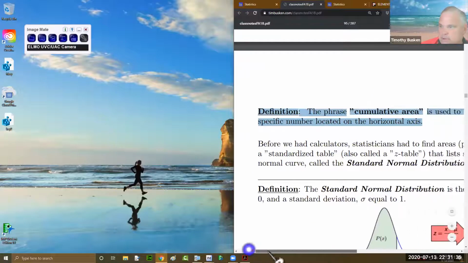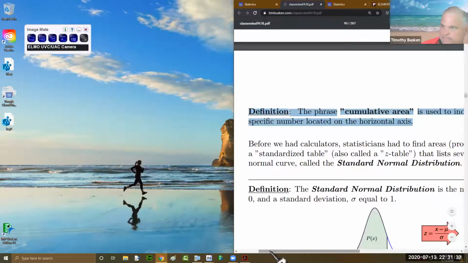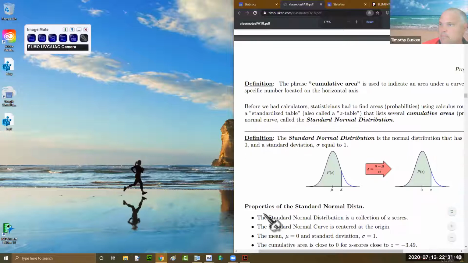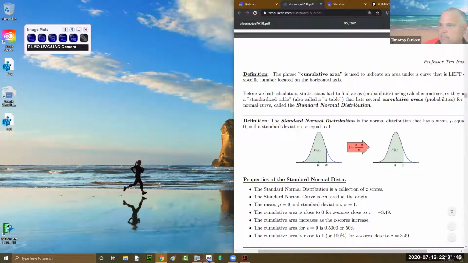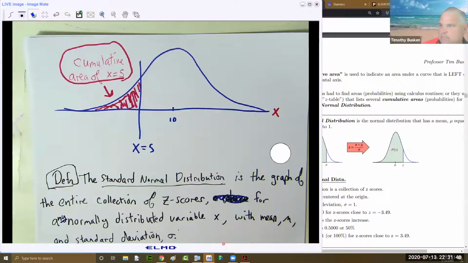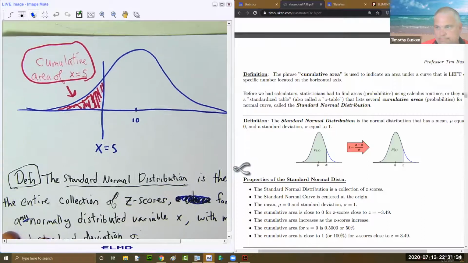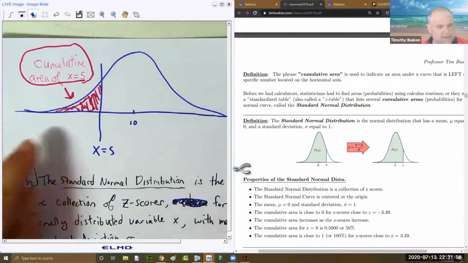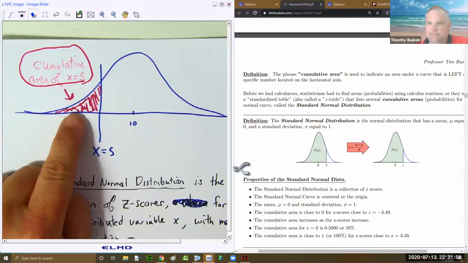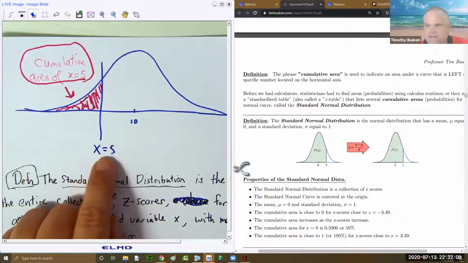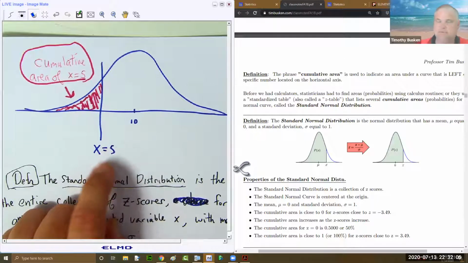So here's a picture of that once again. Cumulative area is just used to indicate an area that is to the left of a specific value along the x-axis, the horizontal axis.